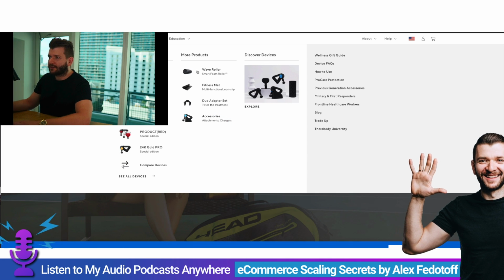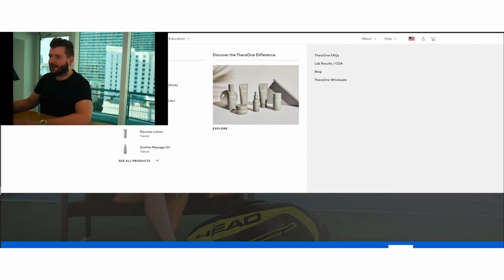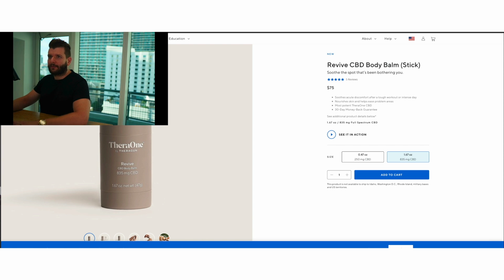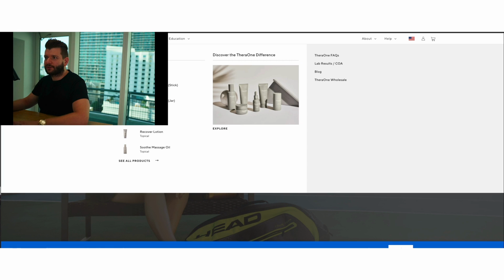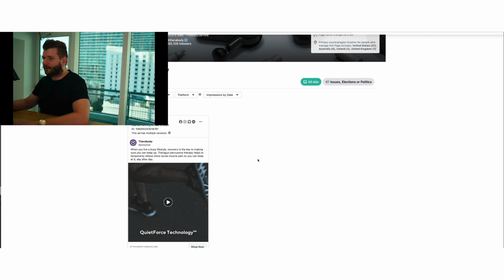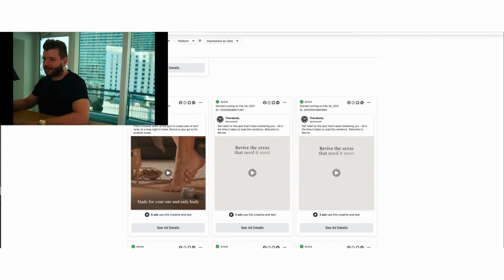They have a fitness mat, wave roller, dual adapter, and other accessories. You can see here they now have a series of different CBD body balms. I don't know if you can push that with Facebook. Probably somehow, yeah, CBD. Somehow they're getting away with it. That's very weird.